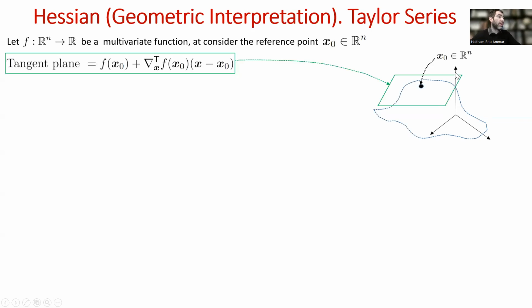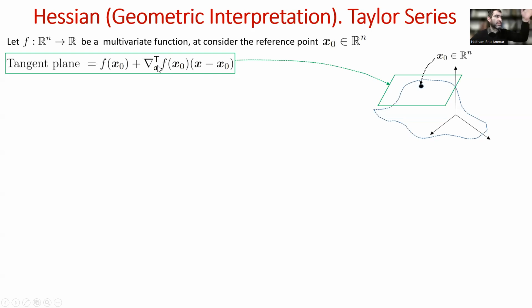Then the tangent line to the function f(x) at the point x0 is, by definition, this surface, this plane, where x is the point that changes its values, and everything else is constant.